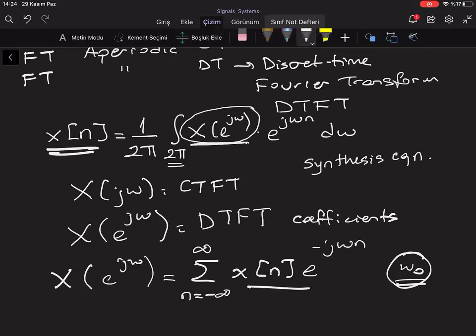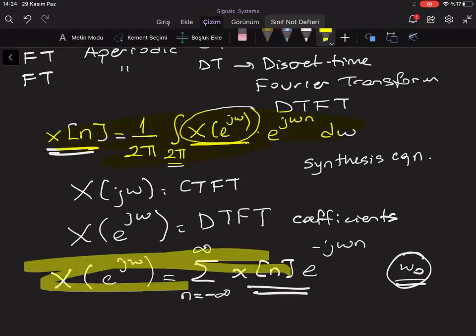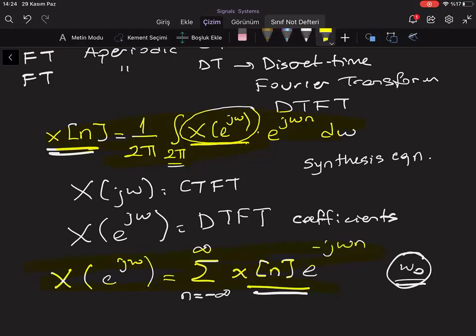There is no periodicity in aperiodic signals. That's why we use this formulation, and this formula means I am doing an analysis. It's an analysis equation.